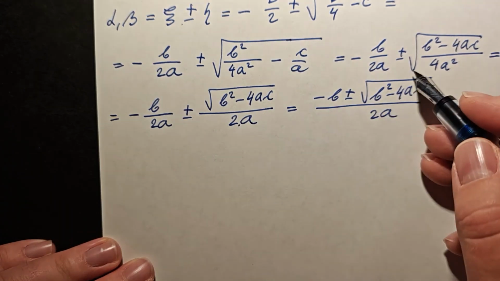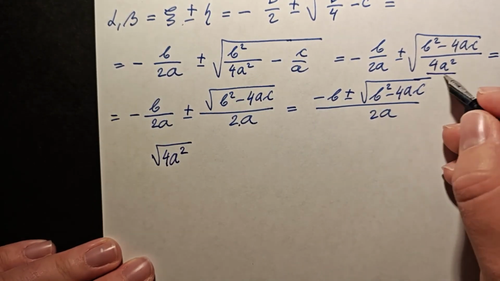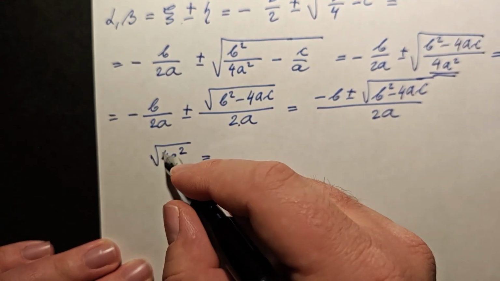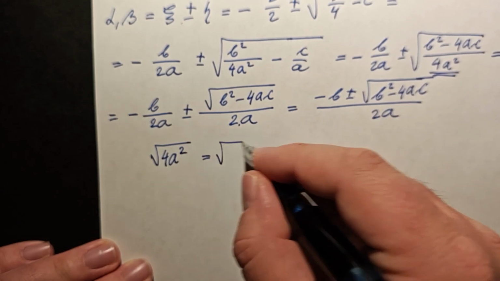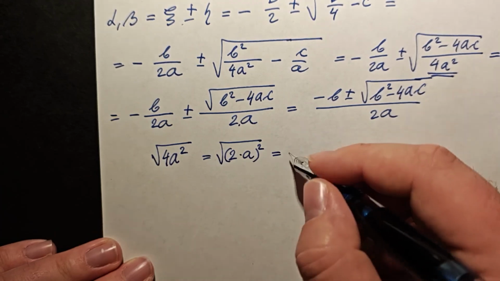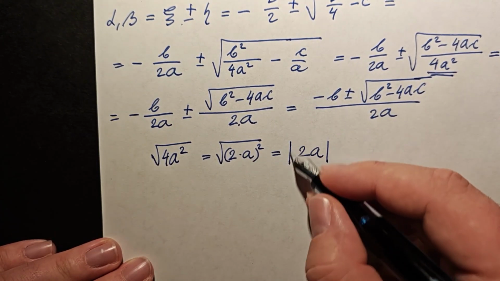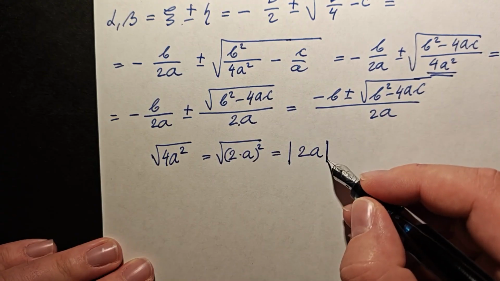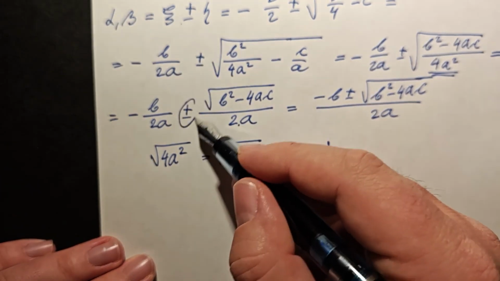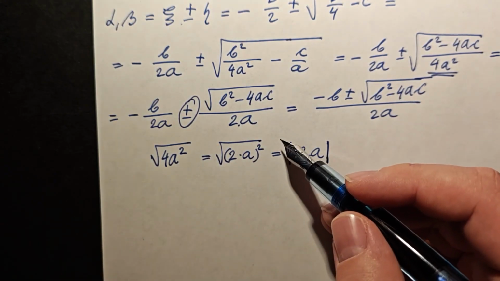That 2a originates from the square root of 4a squared, from here. The square root of 4a squared is the square root of 2 multiplied by a squared, and that is the absolute value of 2a. This absolute value is going to be eaten up by this plus or minus sign, and that is why I haven't insisted on it.